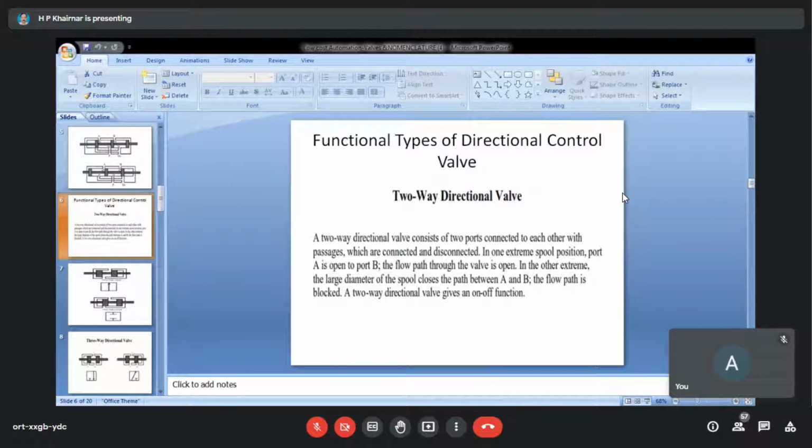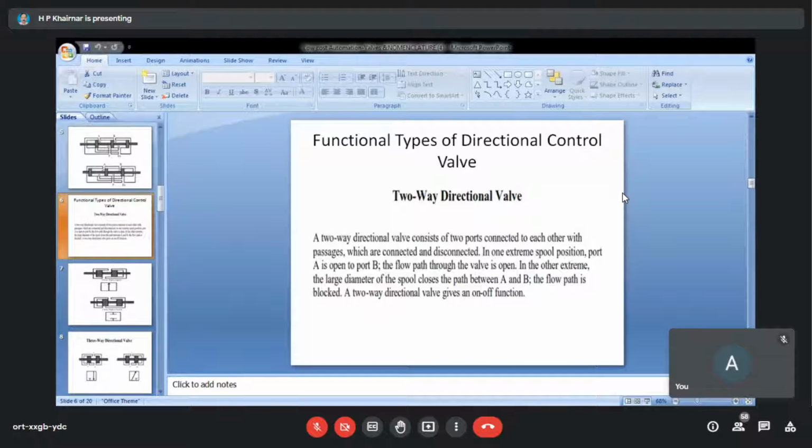So two-way directional. We might have discussed last time there are different types of valves. Some valves are directional valves, some are regulator valves, some are relief valves. These directional control valves are used quite extensively in low cost automation circuits, and without understanding these valves, it is very difficult to understand the functioning of these circuits.